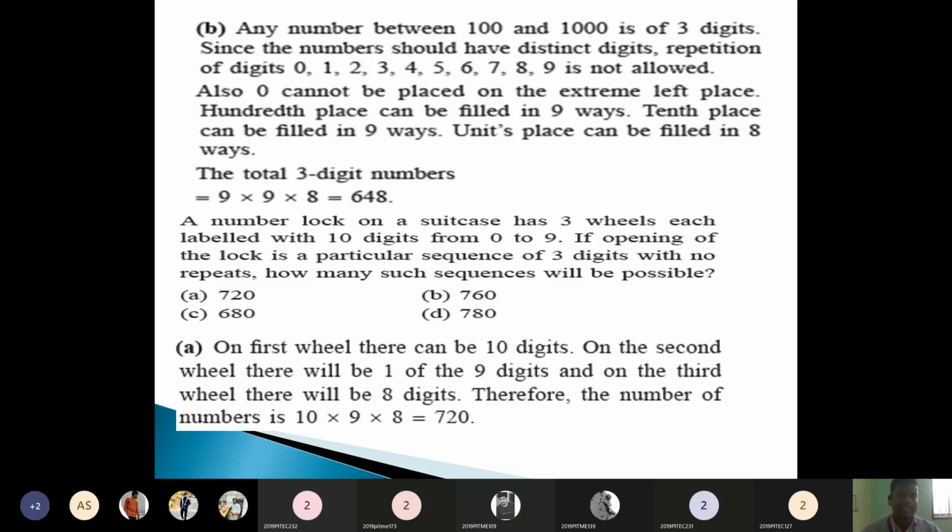So 720 such numbers are possible. That many 3-digit locks you can make. 9 into 8 is 72, into 10, so there are 720 different ways you can arrange it. Any clarification?